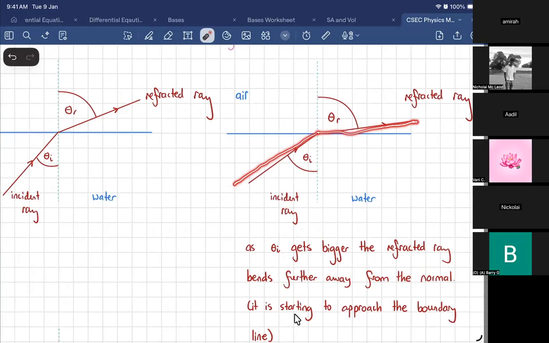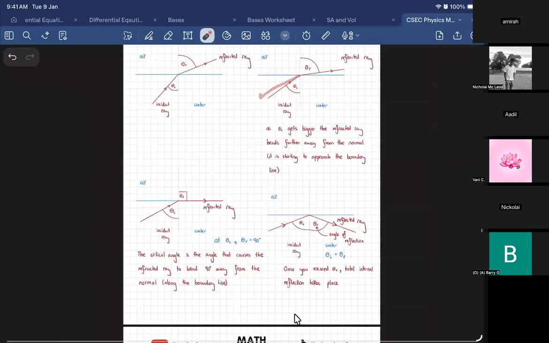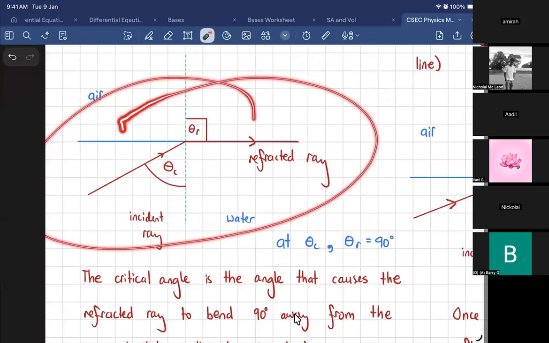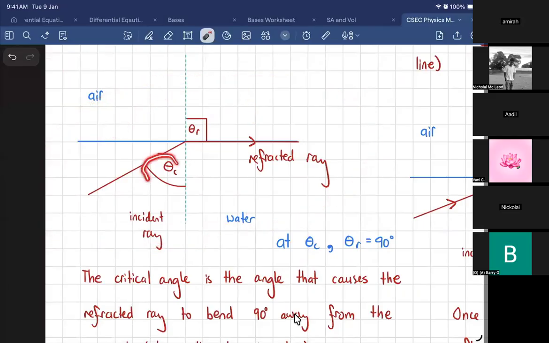So Vani, if I keep increasing the angle of incidence, my angle of refraction is going to get bigger? Yes. Right. Now there reaches a point. Vani, you notice that this refracted ray is getting closer and closer to the what? The boundary line. Correct. This is the boundary line. It's getting really close to that. So if I increase this any more, what do you think will happen? The angle of refraction will reach the boundary line. Perfect. And at that point, you would call the angle of incidence the critical angle.